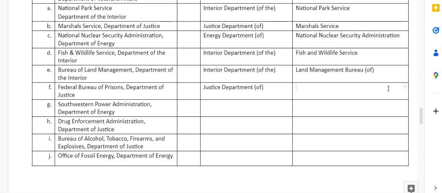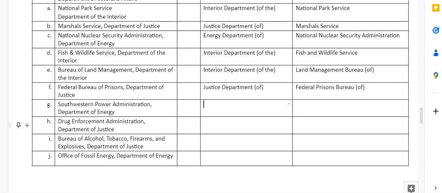When I put this in for level 3, this is going to be Federal, and Bureau isn't as important as Prisons. So it's going to be Prisons, Bureau, and then "of" in parentheses. So Federal Prisons Bureau of.